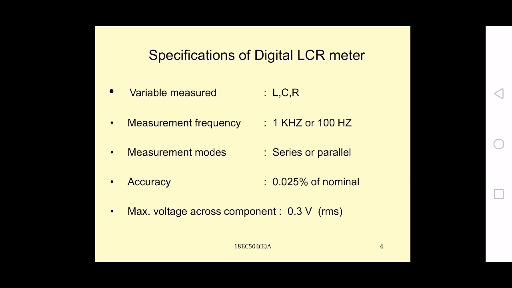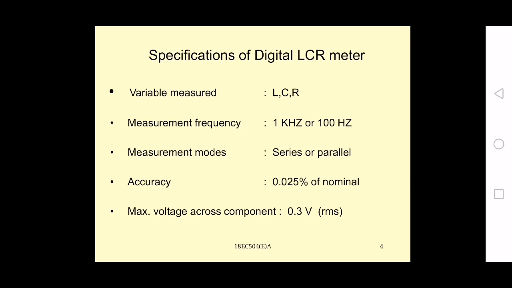So first one is what are the variables which can be measured. You can measure the LCR, that is inductance, capacitance, resistance, and you can also measure the conductance as well as the dissipation factor.